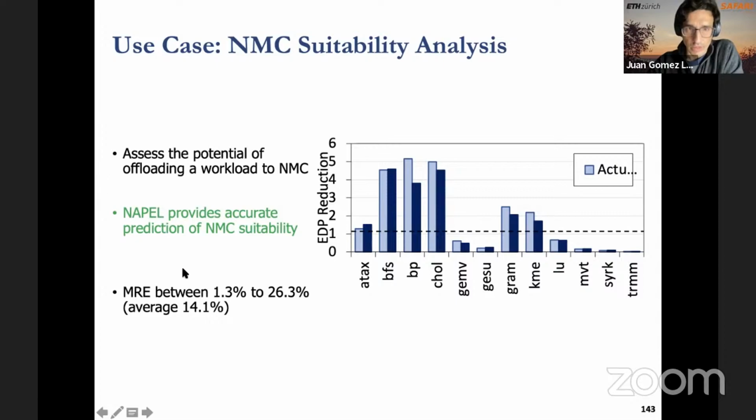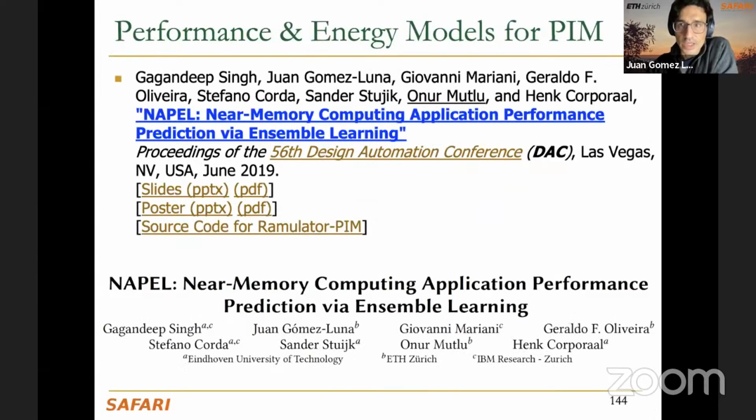We also observed very good accuracy in terms of prediction. The actual EDP reduction here is the lighter blue on the simulator, and the darker blue is what we predict with NAPEL. This is the paper presented at DAC 2019 and part of the PhD thesis of Gagan.